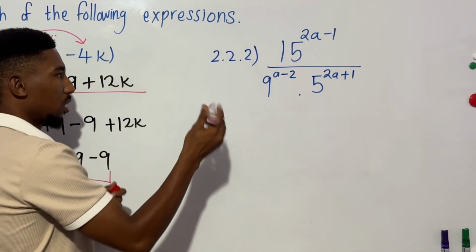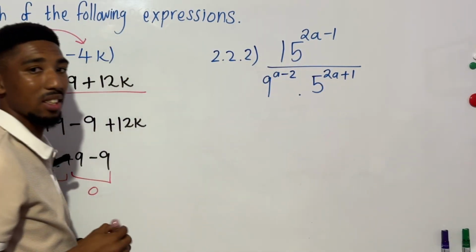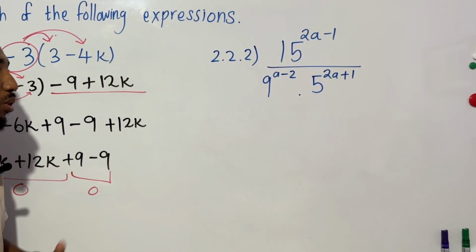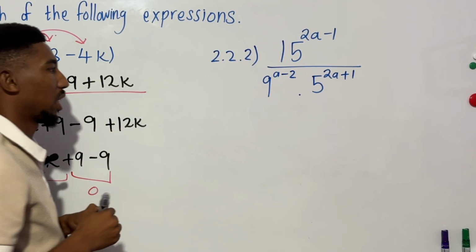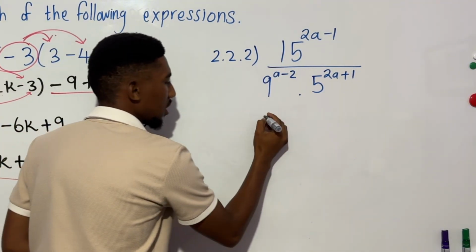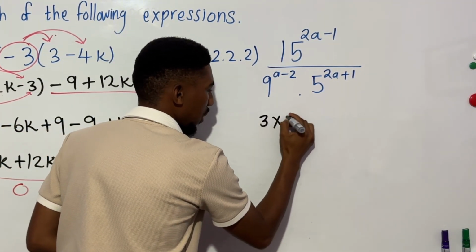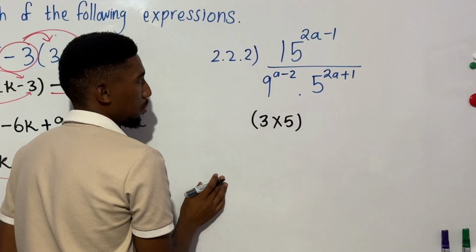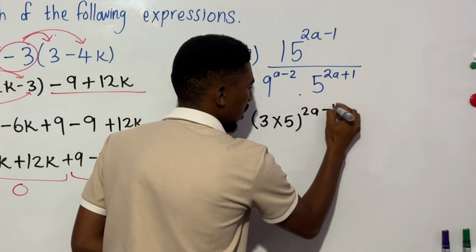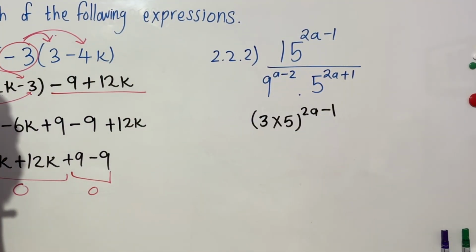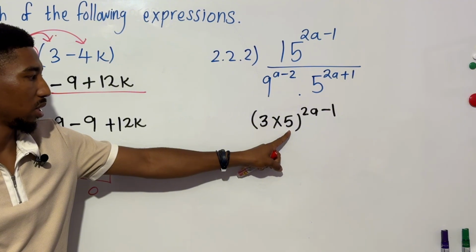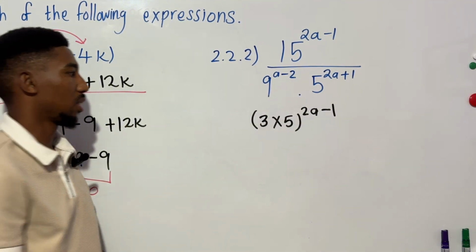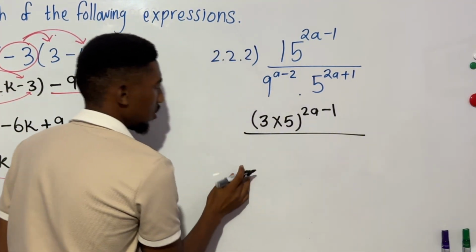Now, we know that 15 can be rewritten, and this is very important that when you rewrite these numbers you use brackets. So 15 can be rewritten as 3 multiplied by 5, and in brackets there we have 2a minus 1. I chose this and I know I'm in a good direction because now this 5 and that 5 is the same base. That is still over.